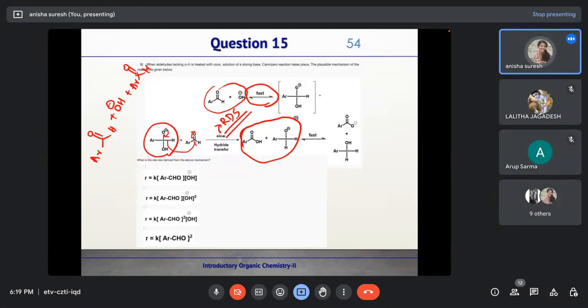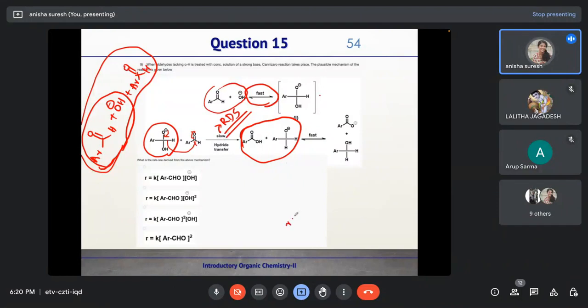They have not mentioned any intermediates here. So the rate determining step will be considering these starting materials. The intermediate that is formed will be from these two starting materials, and the intermediate again will be reacting with another molecule of the aldehyde, giving rise to the products. So they have mentioned this is the slowest step, which will be the rate determining step.